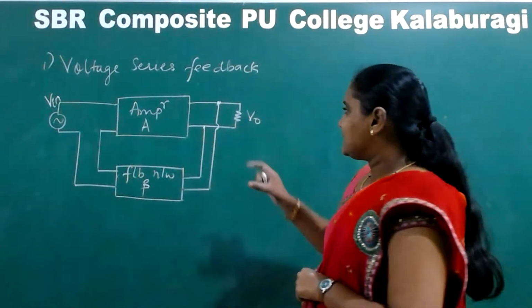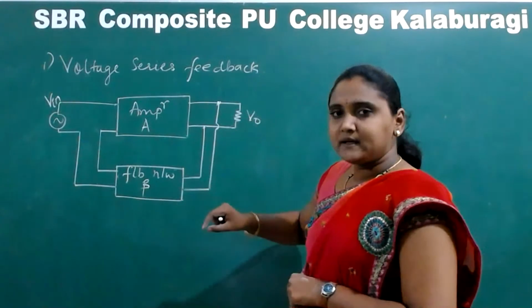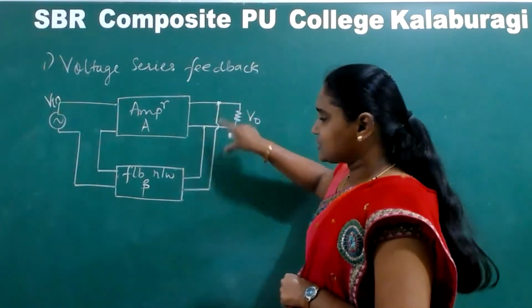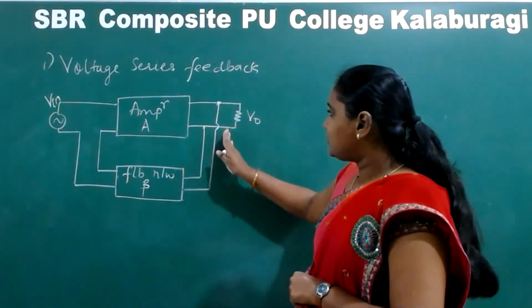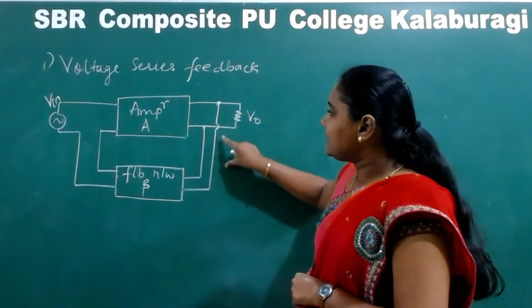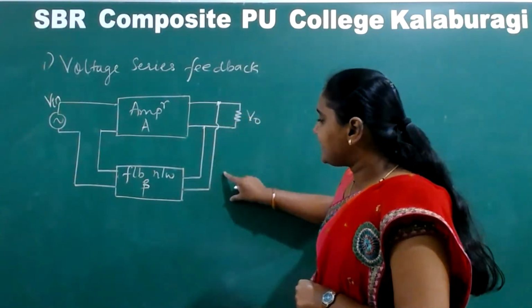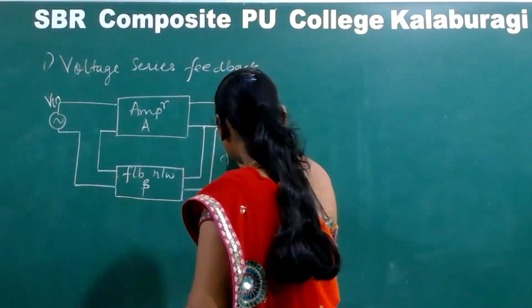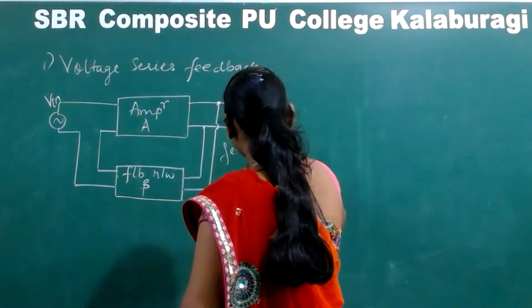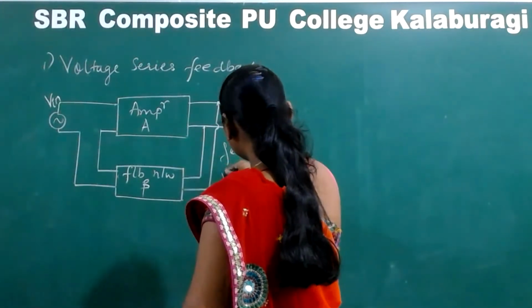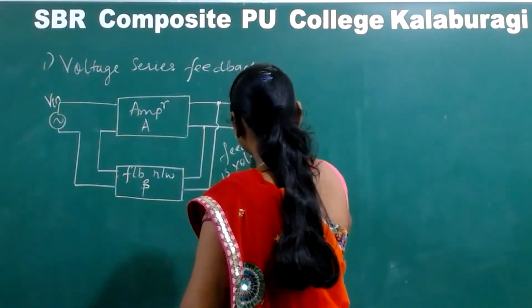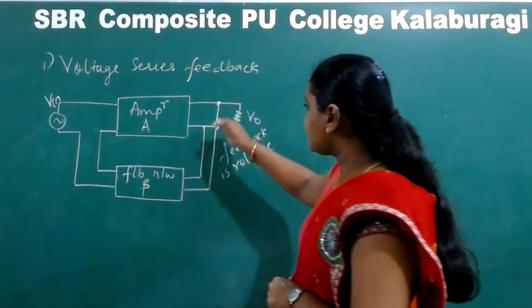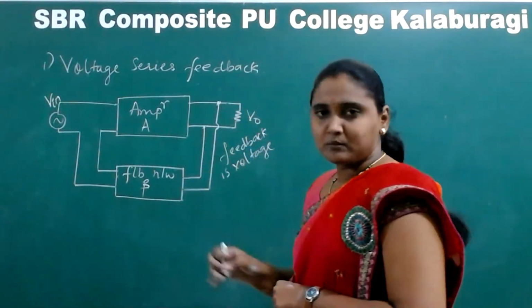So just imagine like that. It is a voltage feedback, that's why we are taking a parallel connection at the output. That means the feedback I am taking is in the form of voltage, because we are taking it in the parallel form.